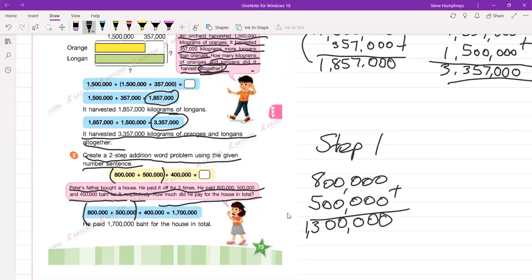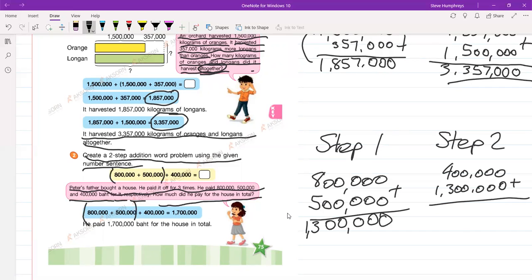1,300,000. Then step 2. You add 400,000. Okay, so 400,000 plus 1,300,000. A lot of zeros.